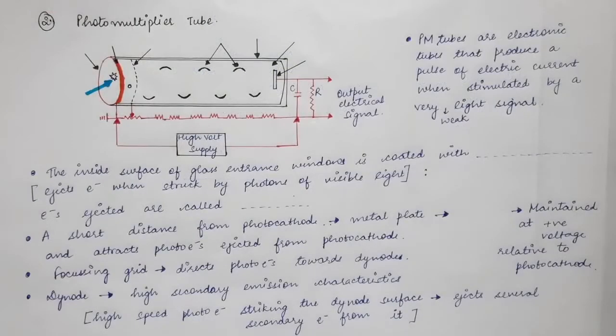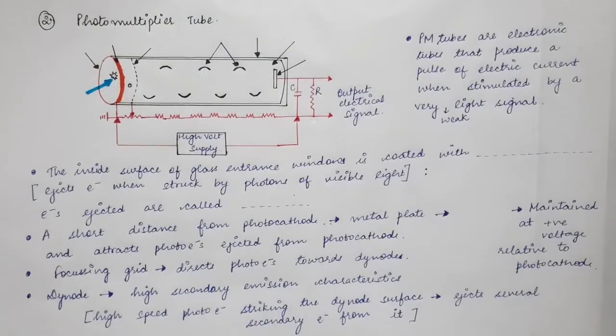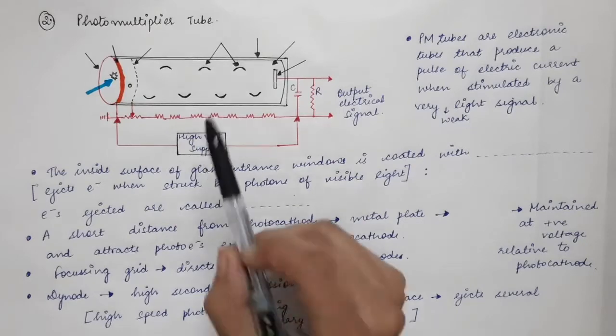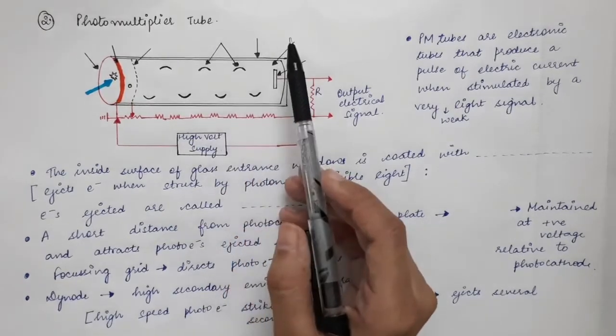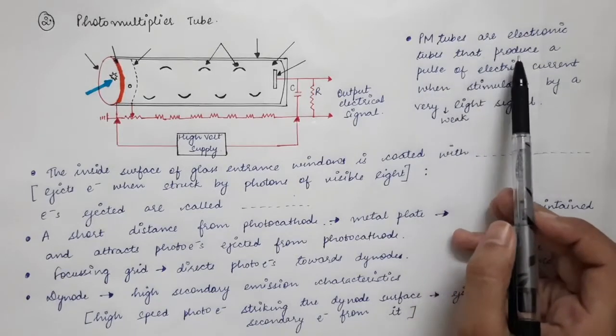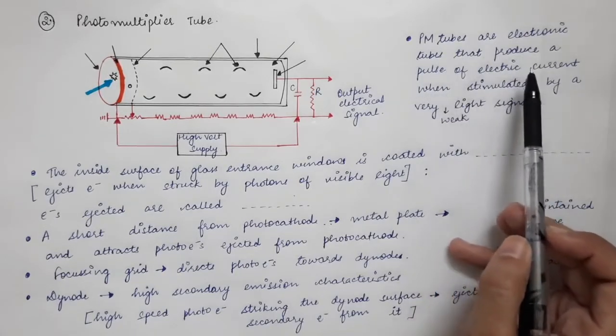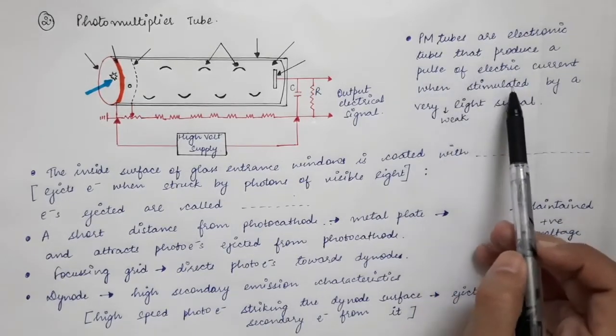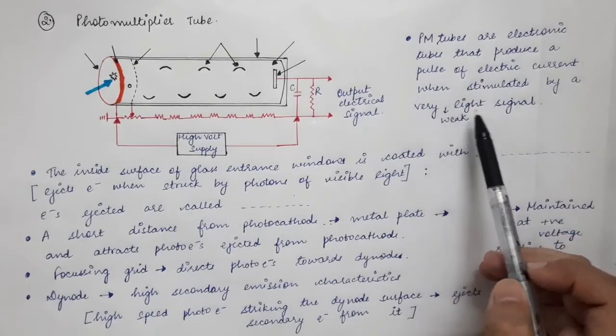Now let's look at the second main part of the scintillation counter, the PM tube or the photomultiplier tube, or simply PMT. The PM tubes are electronic tubes that produce a pulse of electric current when stimulated by a very weak light signal.